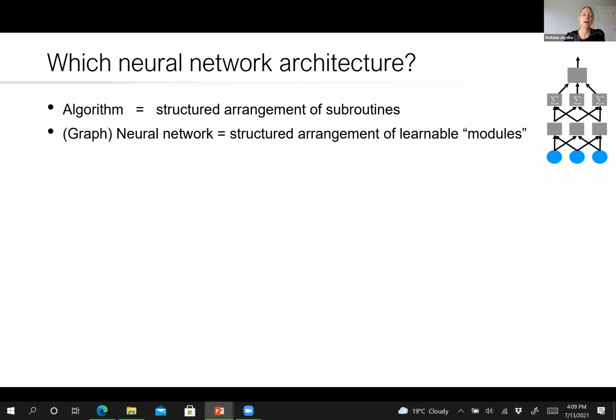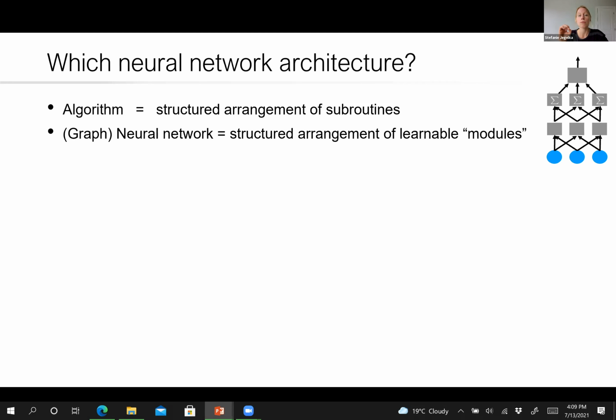Now, what about my neural network that learns it? If I look at the graph neural network, it actually also induces a computational structure via these computation trees. So I can think of my graph neural network, or the deep sets or any neural network, that it has this structured arrangement of specific building blocks that I can learn as essentially a structured arrangement of learnable modules.